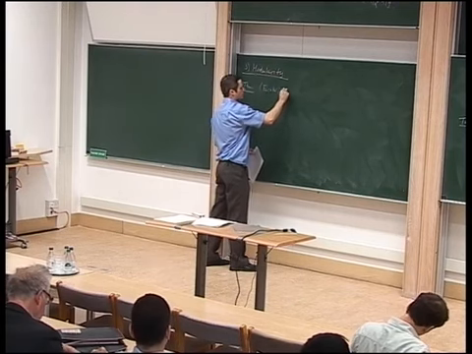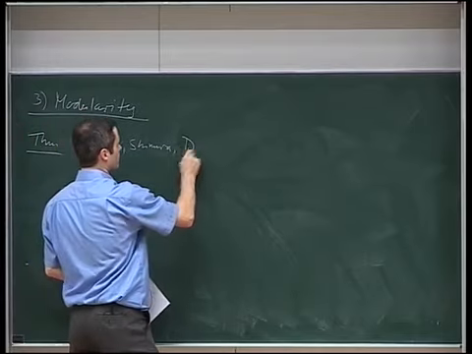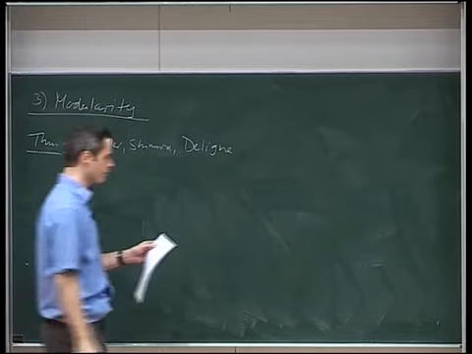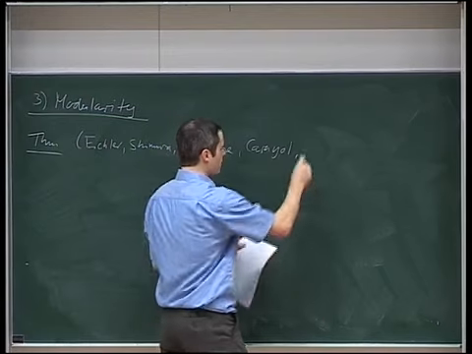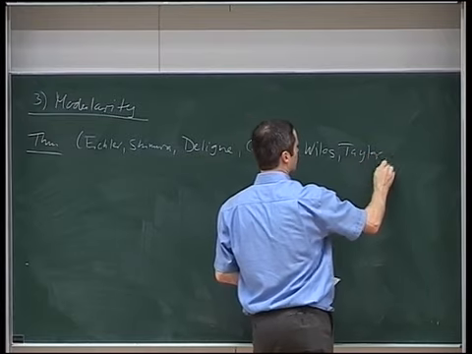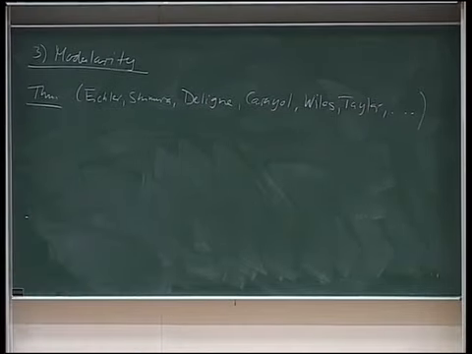I will not be able to credit everybody. I'll just write a few names: Eichler-Shimura for Q and weight equals 2, Deligne for general weights, and then Carayol, Wiles, Taylor. Apologies if there's anybody in the audience who I should also credit.